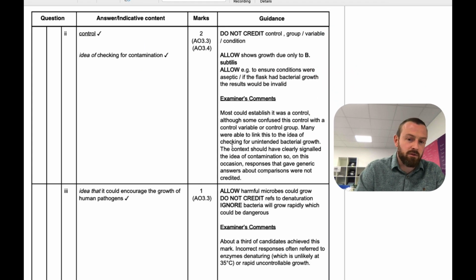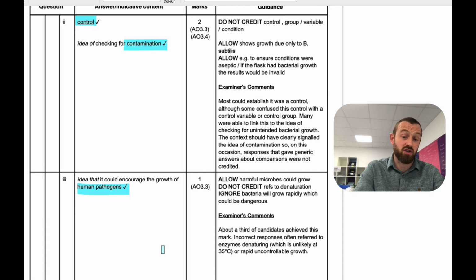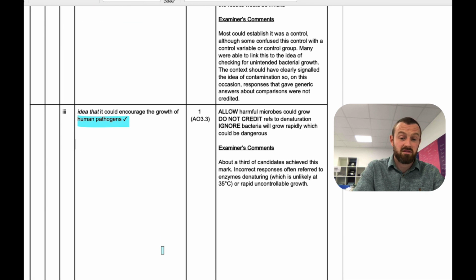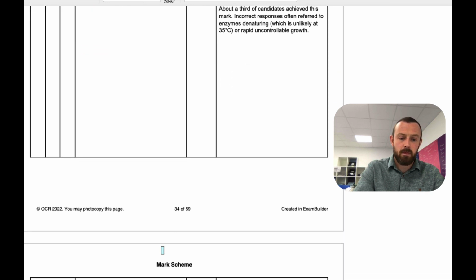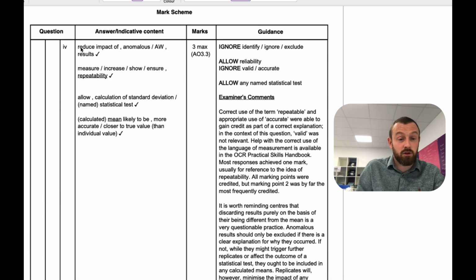So the first, about the flask, is a control and the idea of checking for contamination. Control and contamination. The second one, it could encourage the growth of pathogens. I wonder if you need to say human pathogens. Probably a good idea to say human pathogens, not just pathogens. Probably pathogens would be fine, I'd imagine. And then the next one, reduced impact of anomalous results.